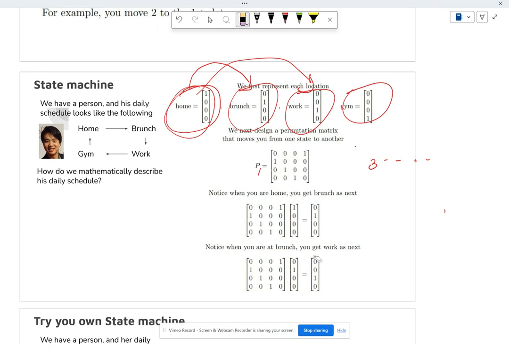And if I input the current state, multiplied by P1, P2, P3, then I can essentially say, oh, this final product is the state I want.